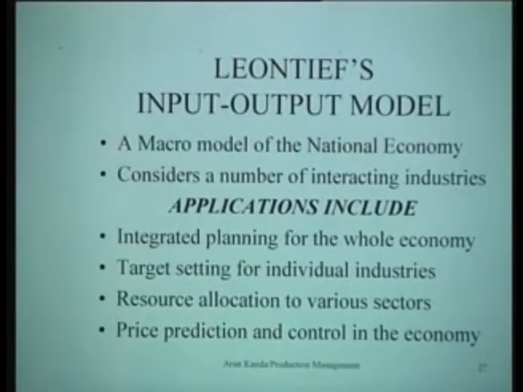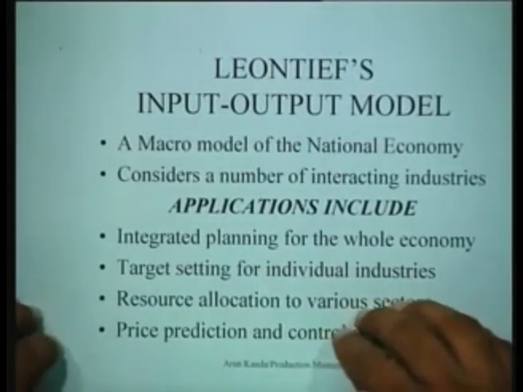Now, you might be a little flabbergasted by how so many things can be done by a simple mathematical model. So, let us look at the basics of Leontief's input output model and see how exactly we can go about looking at this particular problem.